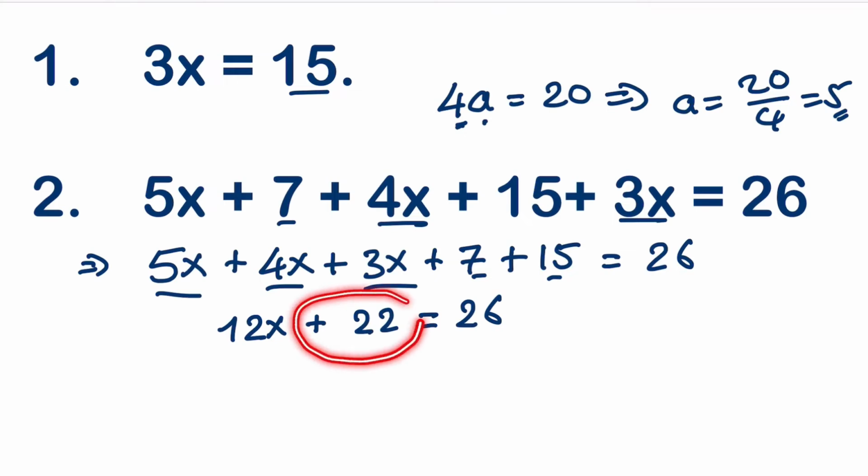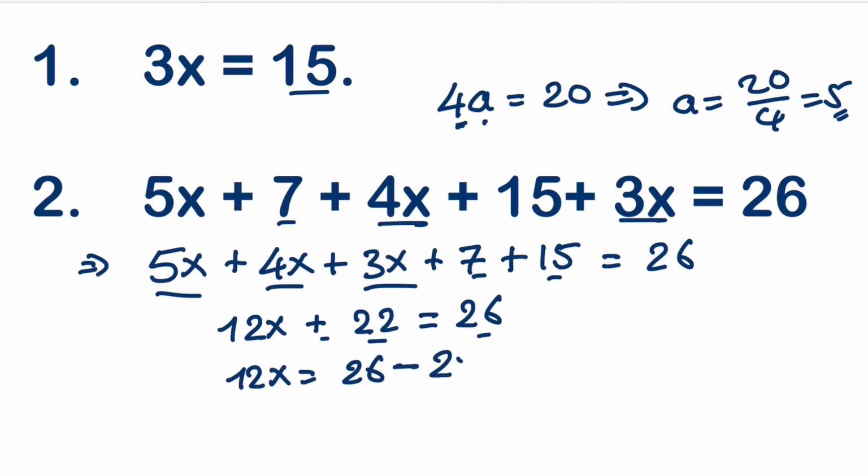I told you before in part 1, if this is plus, when it crosses the equal sign, it becomes negative. So we are going to have 12x should be equal to 26 minus 22, which will give us 4.